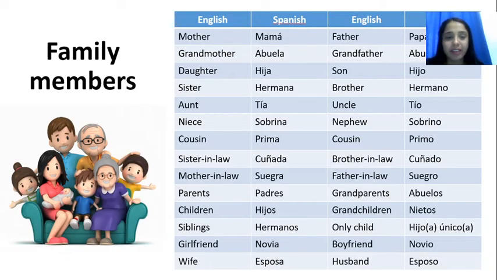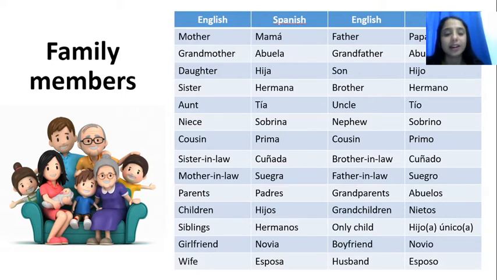Here we have the list of the names in English and in Spanish. So we can see that mother in Spanish is mamá, grandmother in Spanish is abuela, daughter in Spanish is hija, sister in Spanish is hermana, aunt in Spanish is tía, niece in Spanish is sobrina, cousin in Spanish is prima.